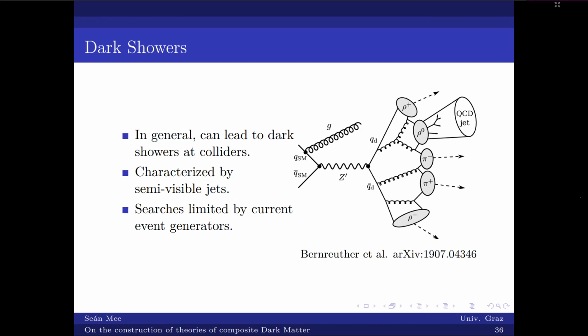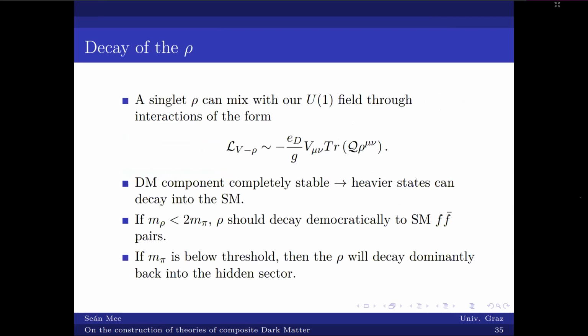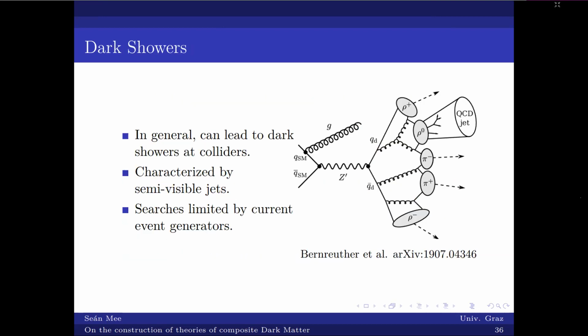But if we have one singlet which mixes through something like this, then it's going to be able to decay back to standard model stuff and produce a visible jet. So this is a process which is characterized by semi-visible jets. Even if that's not present, we just have some missing energy, and that's also a nice signal. It's not as nice as this monochromatic line, but still.